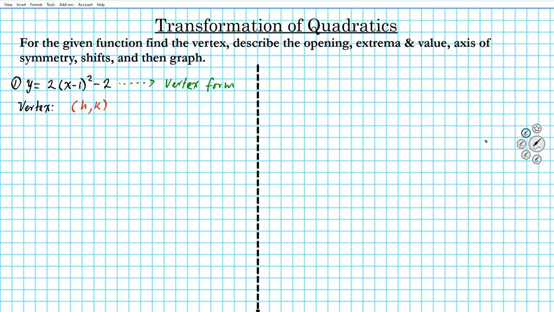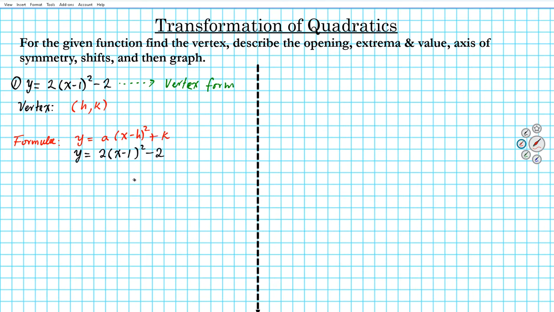To determine what (h, k) is, let's rewrite the function we're given, y equals 2 times the quantity x minus 1 squared minus 2. Now we're going to write down the general formula for the vertex form of quadratic functions, and place it on top, aligned so that we can determine what h and k are. The formula is y equals a times the quantity x minus h squared plus k.